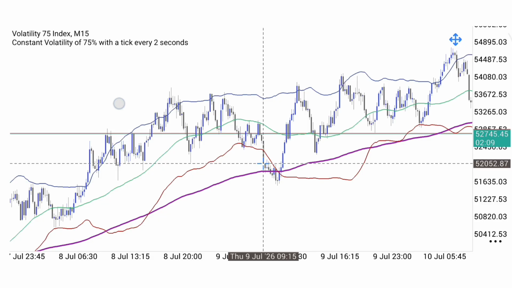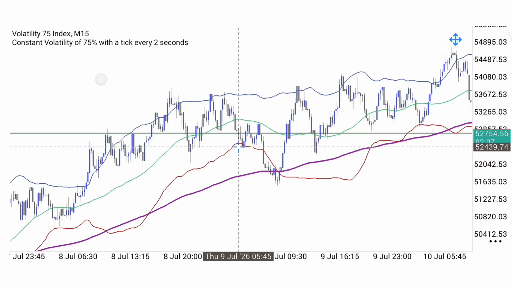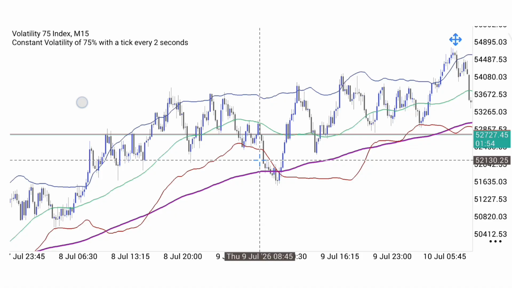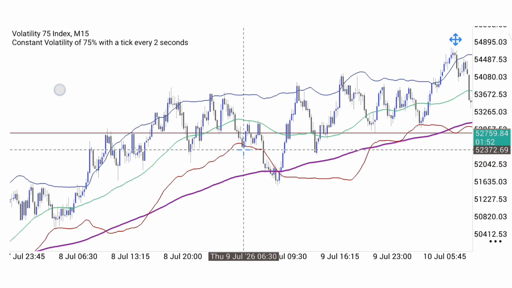When we have the market touch the red moving average line, we need to look out for something else. This is trading, and if you are not smart with the market, you're going to lose a lot of money in the market. So when you see the market touch the red Bollinger Band, it does not give us a direct access to trade the market. We need to see something else, and that is the engulfing candle.